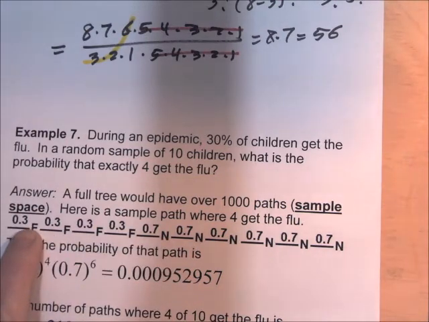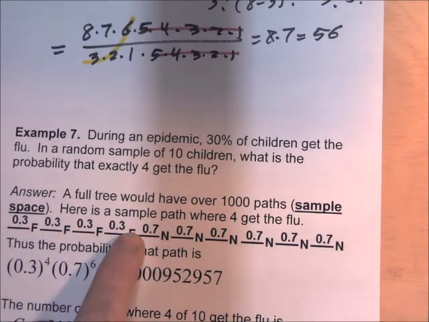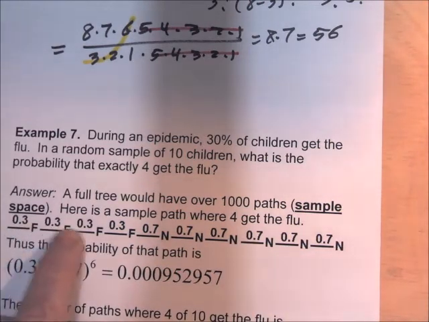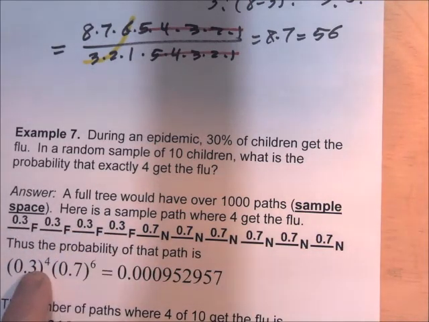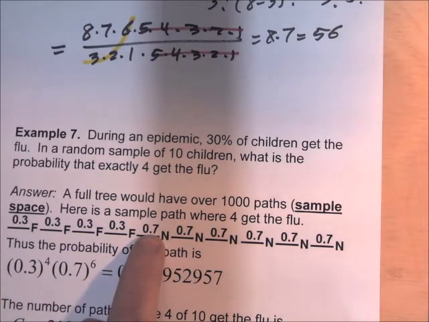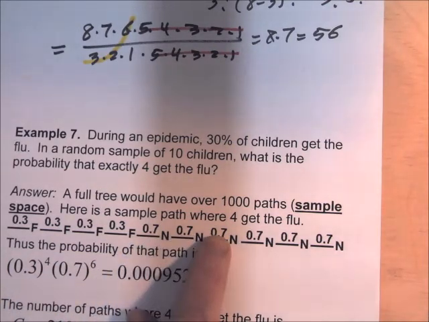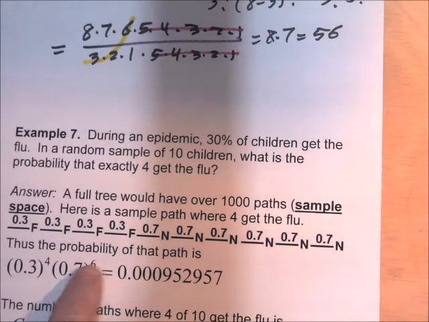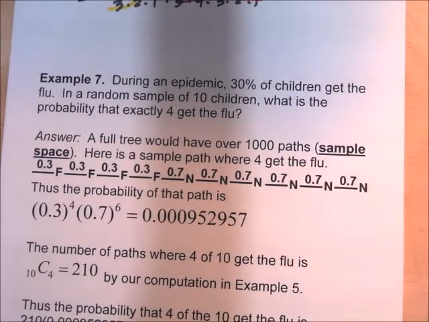For that path, the probability of the sequence flu, flu, flu, flu, not and so on is 0.3 times 0.3 times 0.3 times 0.3, which is 0.3 to the 4th power, and then times 0.7 six times, which is 0.7 to the 6th power. If we multiply these out, we get 0.000952957.